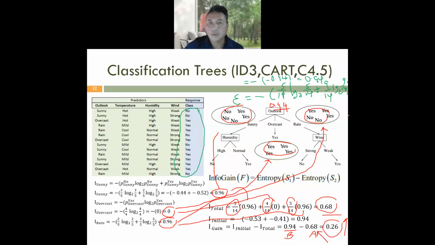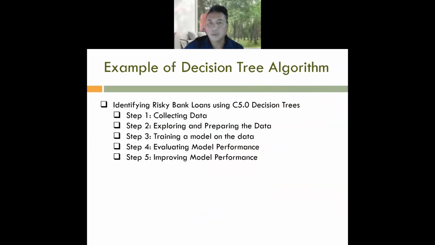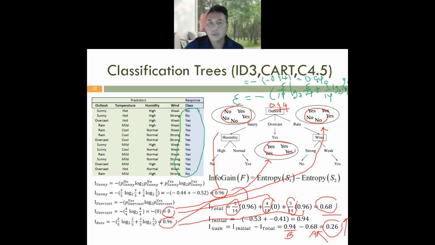That's how they form the tree. They look at the information gain, compute the IG for each individual splitting, and then combine them together. That is what happens in the background.